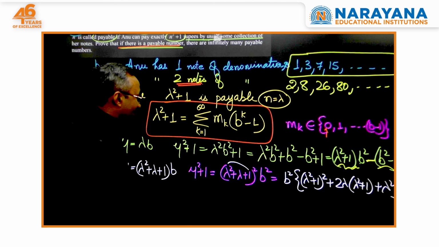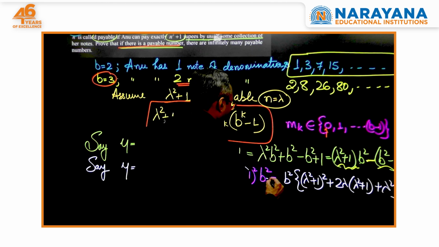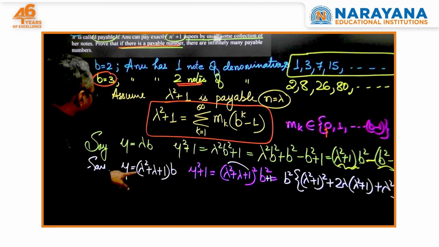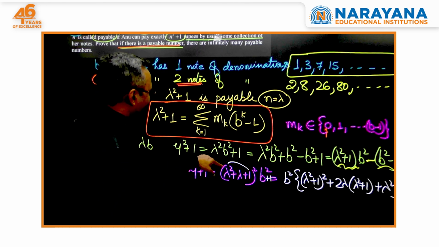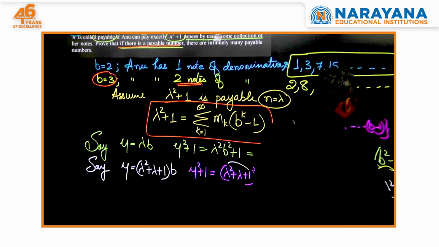I hope this is done, and of course plus 1 again, right? It is mu square plus 1. So, mu square is this value and another plus 1 here.